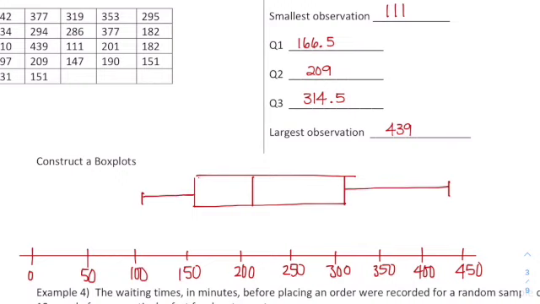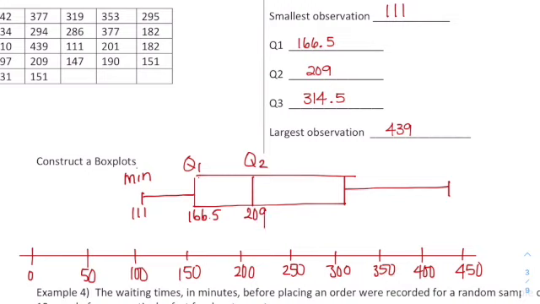And make sure you label them. This is your min, and you want to put down 111, that's fine. You can put it on top or bottom, it's up to you. And this is Q1, and that's going to be 166.5. And then you have Q2 right here, and that's 209.